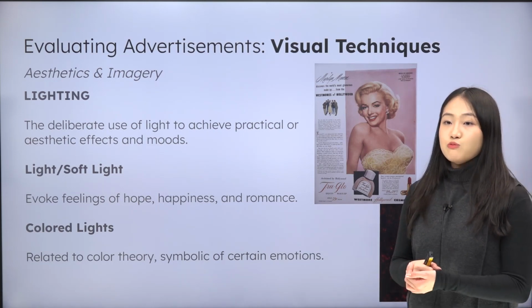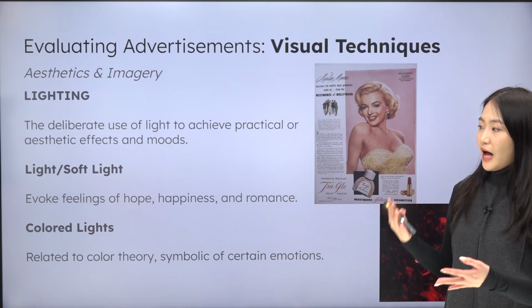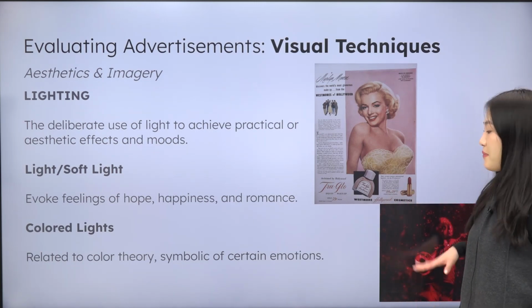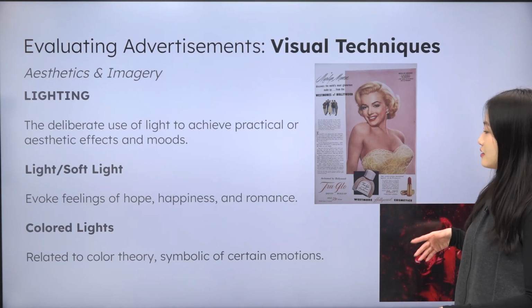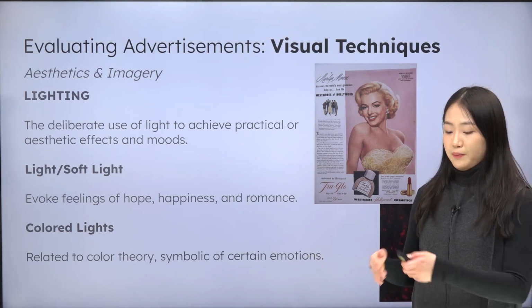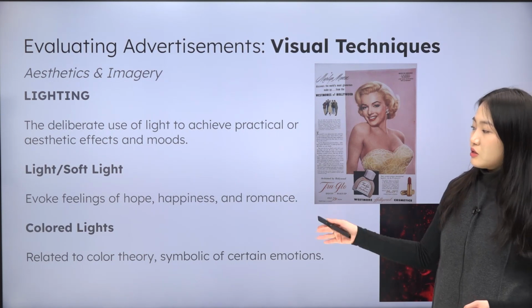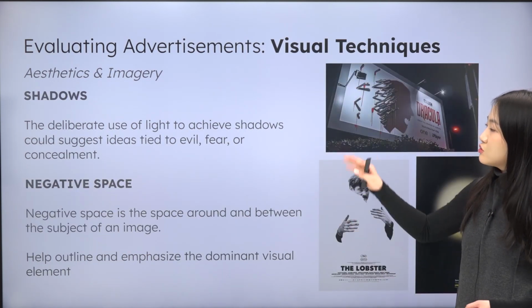In color theory, red is usually represented as anger or passion, and in this case, he is performing very passionately in the rain of confetti, and this image can be enhanced by the colored light. And we will touch on the colored lights in a bit while we go to shadows.